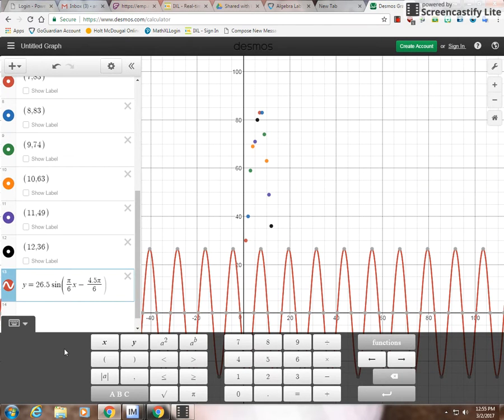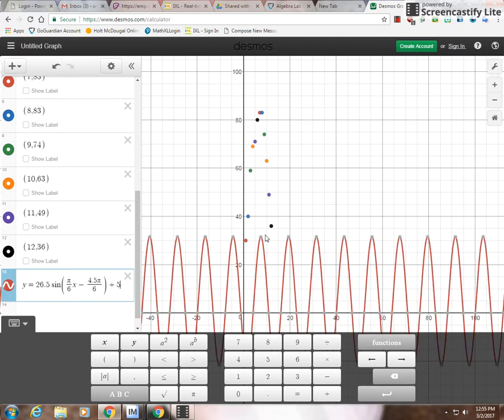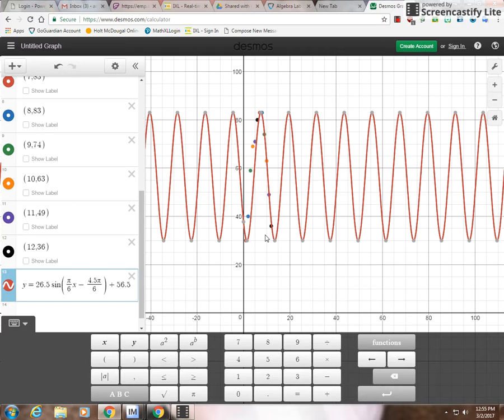And it looks like it's fitting pretty nicely. The only thing we need to do is bring that whole graph up, which is what the midline will do, plus 56.5. And there you have it.